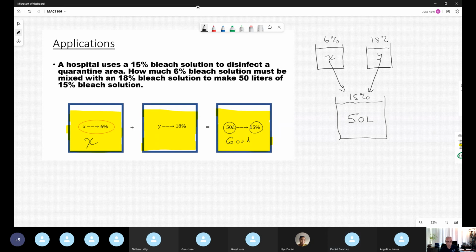Yes. Okay, cool. Now, I have two equations. How do you know that we have two equations? Well, the first equation is easy. It's the equation for the volume.